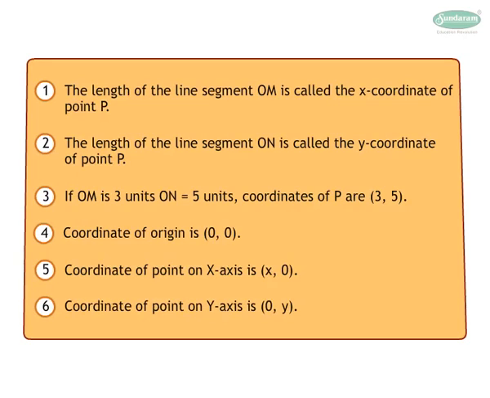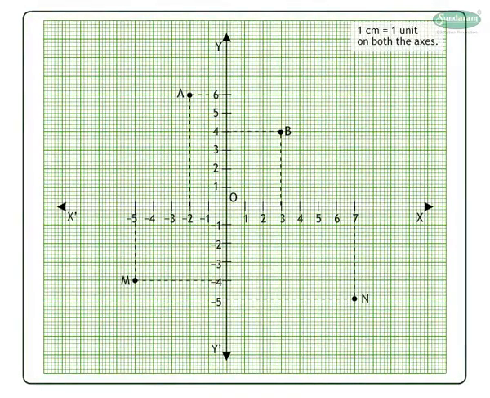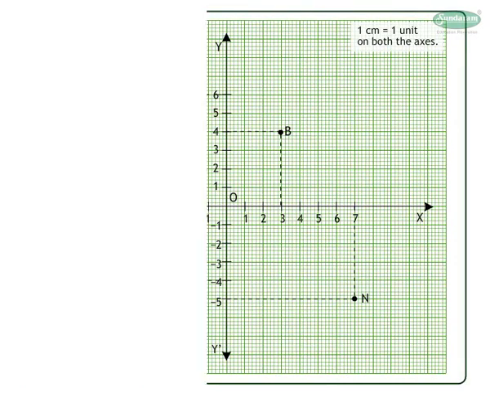The x-coordinate of every point on the y-axis is 0, and the coordinates of a point on the y-axis are of the form (0, y). Let us have a look at the signs of the abscissa or x-coordinate and ordinate or y-coordinate in the 4 quadrants.